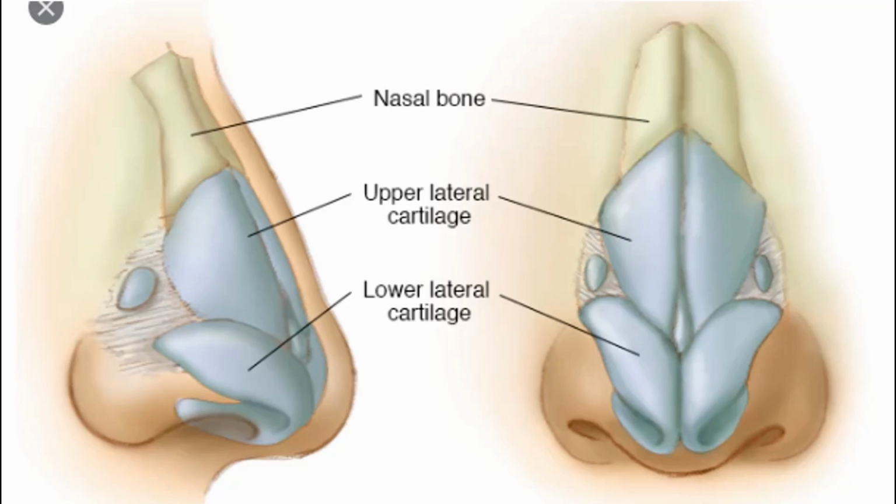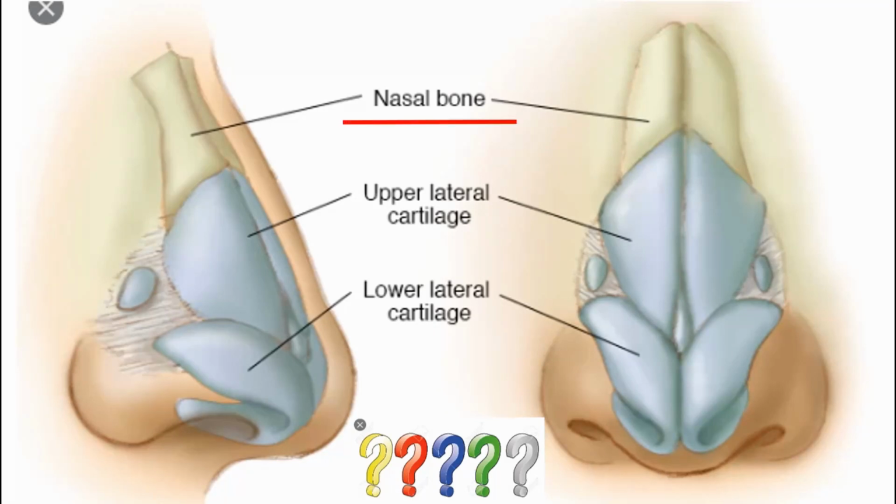This view has 2 images. One is lateral and one is frontal, and it shows so many facts. It shows that the external nose, or what we see of the nose, is made of cartilages and bone. The bone is something we know by now, which is the nasal bone, but the cartilaginous part is made of different cartilages of different sizes.